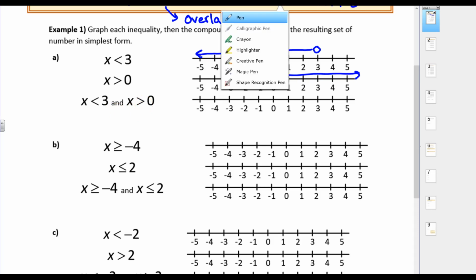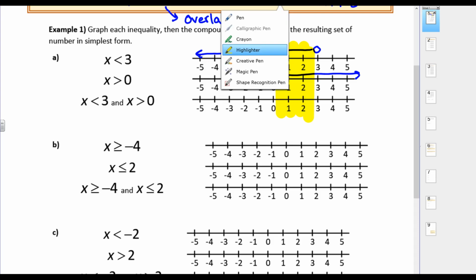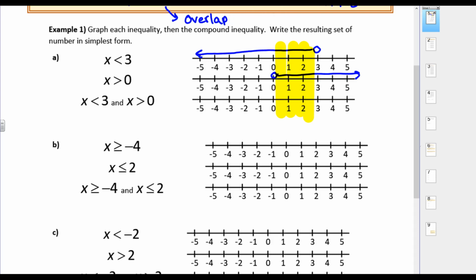If you look, they're overlapping in this space here. So my final solution is between 0 and 3, and my final answer is the inequality 0 is less than x, which is less than 3.